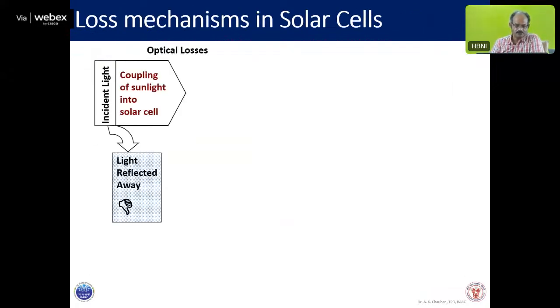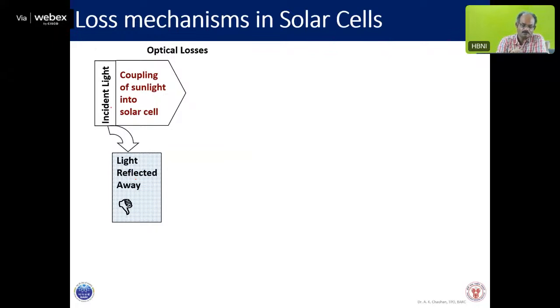So now we can summarize the different loss mechanisms in solar cells. If light falls on a solar cell, it can be reflected away. If it is reflected away, that is a total loss, and it cannot have any contribution to our electrical energy.